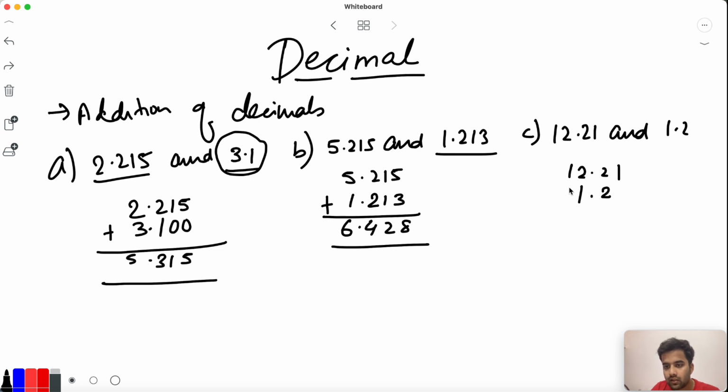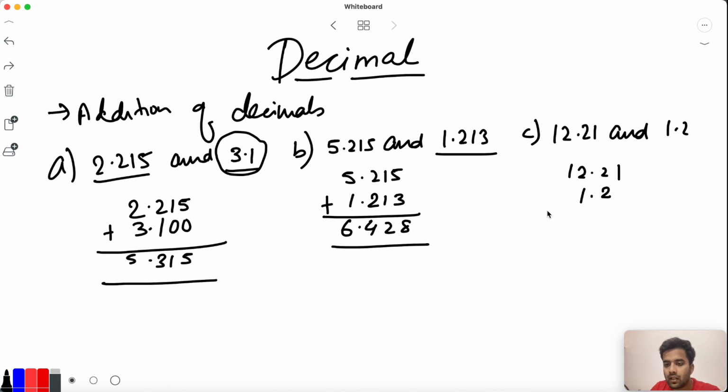Don't write 1 here, it is wrong. Start filling the first place, then the second place, and this side also first place and second place. Check the arrows, everybody. Before the decimal first place, second place, then after the decimal this is the first place and this is the second place. Start filling the first, second, third, fourth place like that.